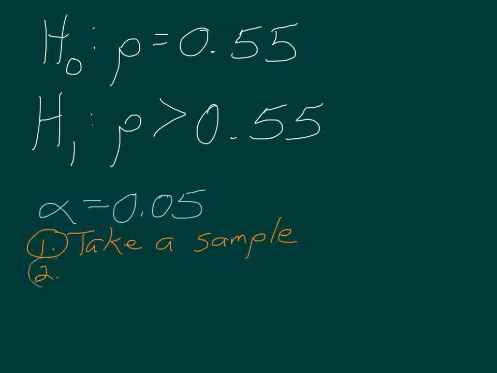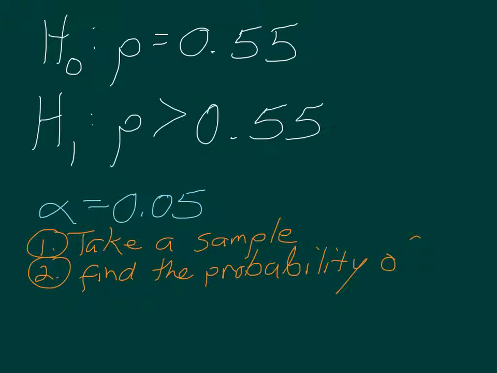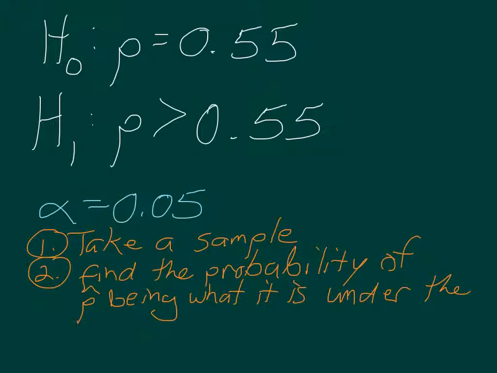And then what I want to do is find the probability of p hat being what it is, under the assumption that the real p is equal to 0.55, right?